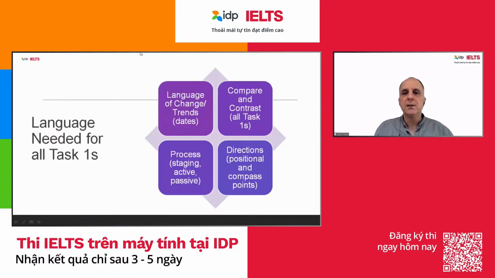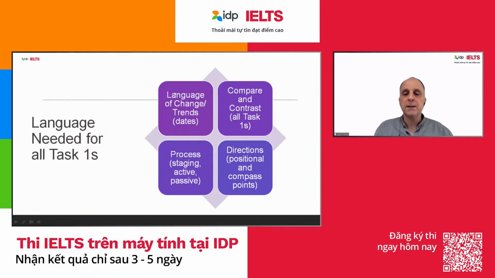So the good news for task 1 is you only need a certain amount of language. Obviously, language of change with dates and trends, compare and contrast with all tasks, process, staging, active and passive.